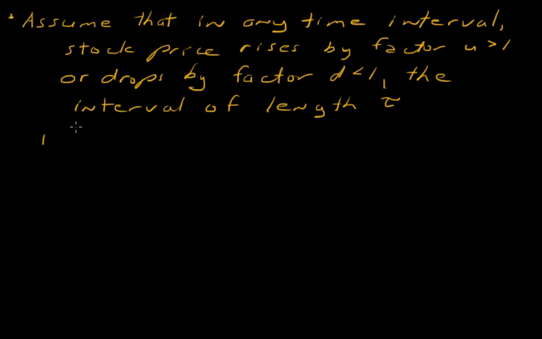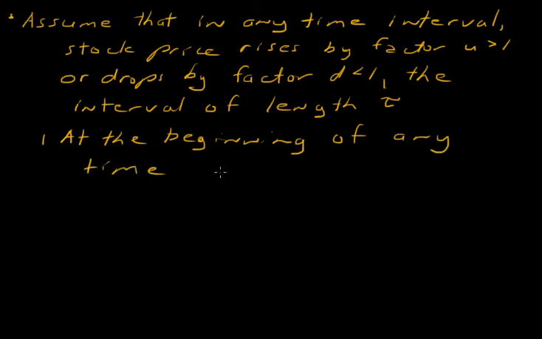So at the beginning of any time period interval, what are we going to have? We're going to have, at least we'll be told, some kind of stock price, S, and then the goal is to solve for C.